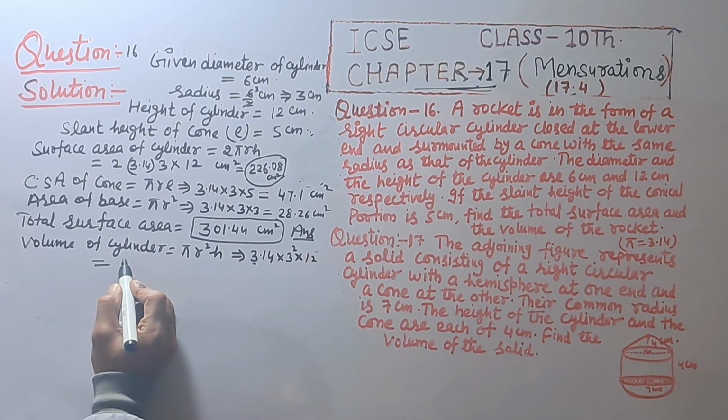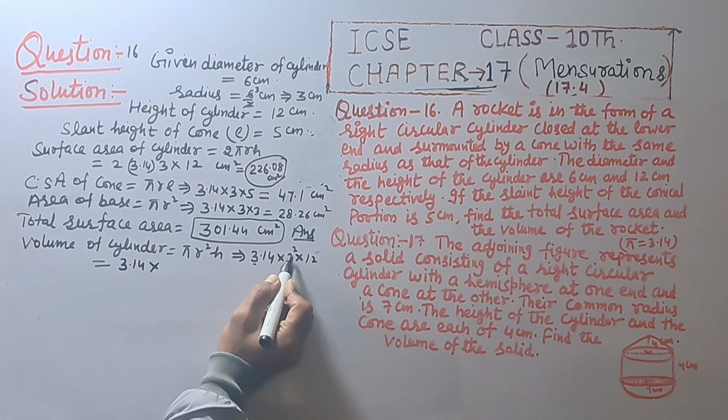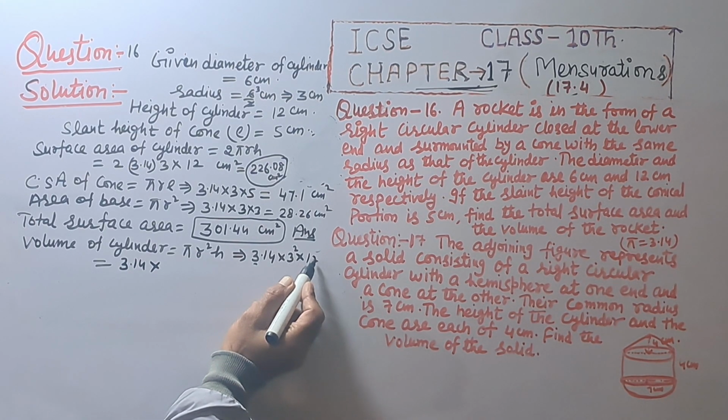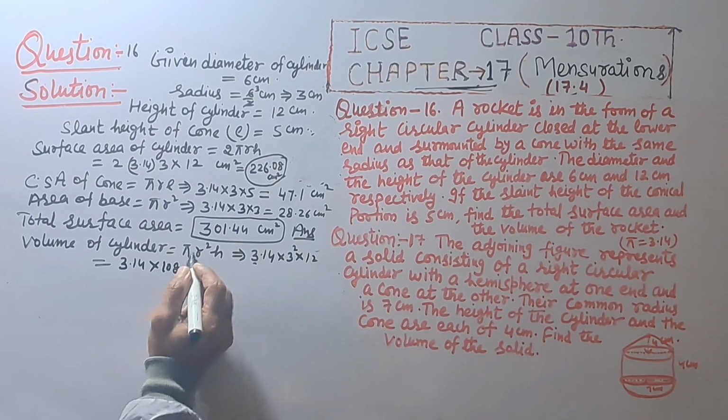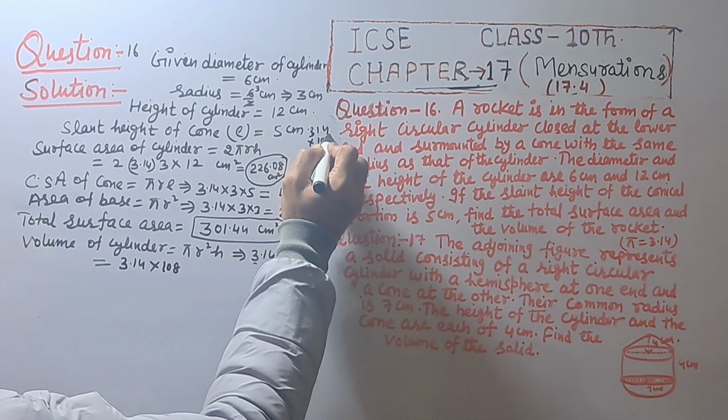That is equal to 3.14 into 3 3s are 9, 12 9s are 108, and 314 into 108.